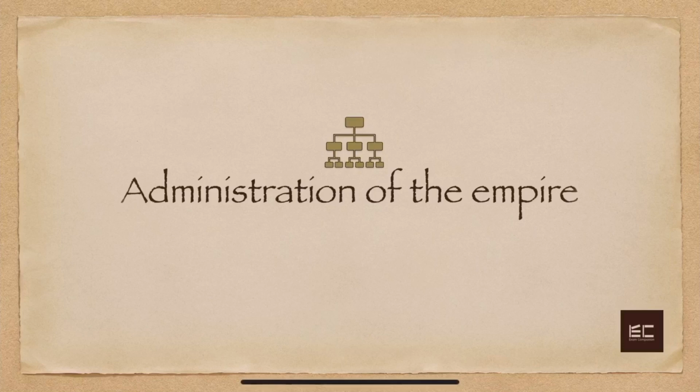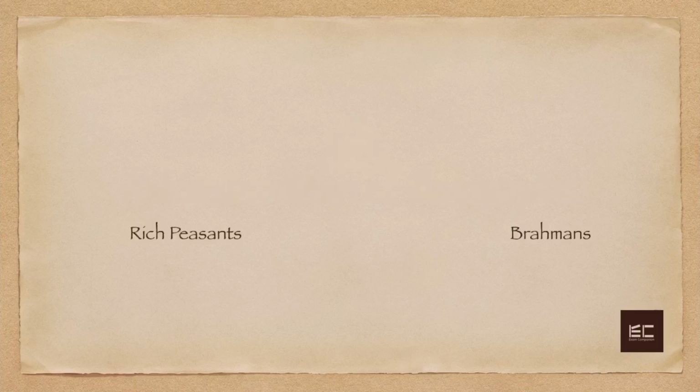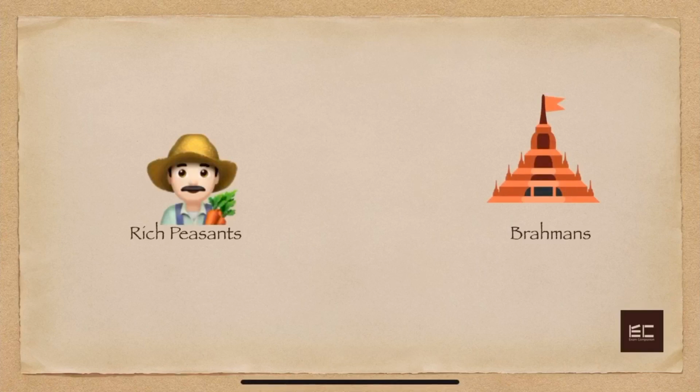Now, as you have seen that there were so many activities going on in the Chola Empire. Temples were being constructed, bronze images were being made, irrigation and agricultural methods were also being improved. So there must be some people who were managing and controlling all these activities because the king can't do all these things alone. So rich peasants and Brahmins helped in administration.